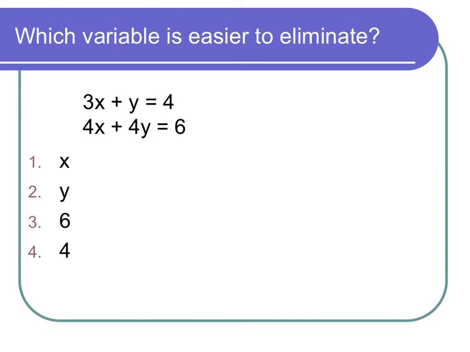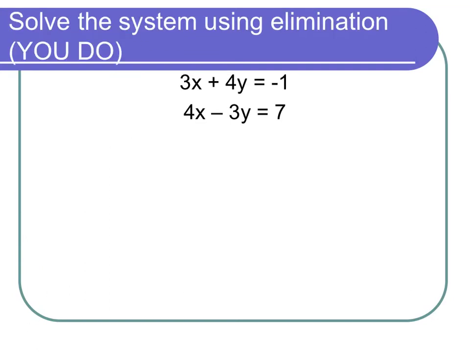The key word here is variable. Would it be easier to eliminate the x or the y? Here, if we want to eliminate the y, all we have to do is multiply the top row by 4, so the y would be easier to eliminate here. Try this one on your own. Pause the video and see what you can come up with.